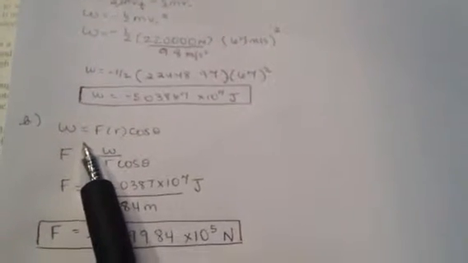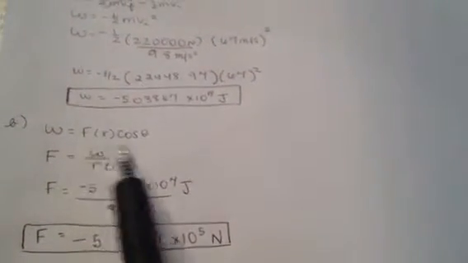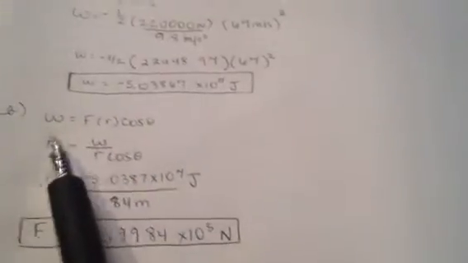For the next part of the problem, we found the work, and to find the force that the cable exerts on the airplane, we know that work equals the change in kinetic energy plus the change in potential energy. But there's another formula that says work is equal to the force times the distance times cosine of theta.